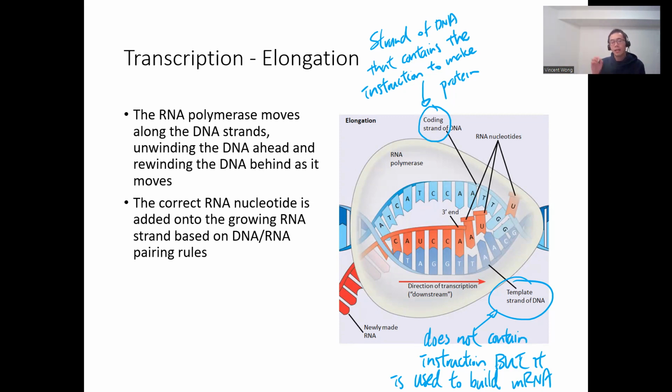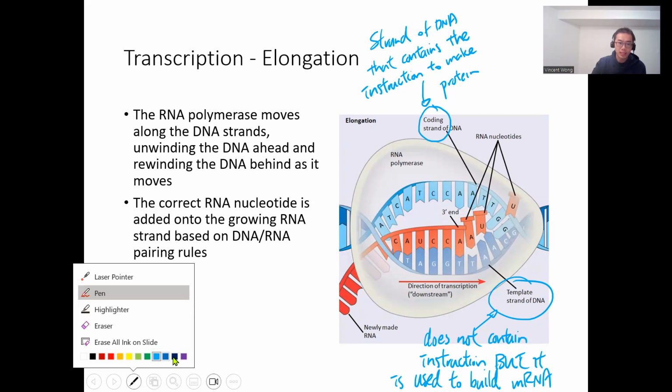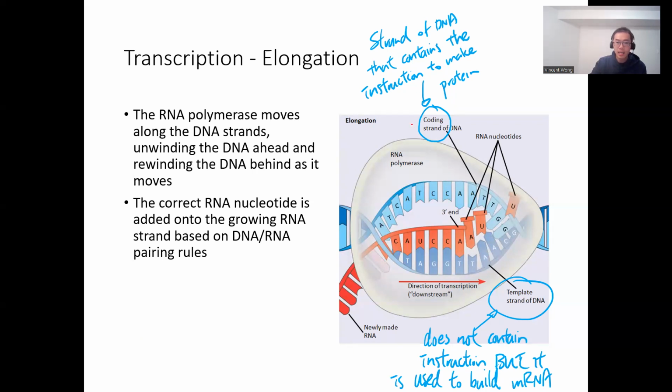Okay? So, to summarize, the coding strand is the one that has the instruction to make the protein, which means I want my RNA to have the same information as the coding strand. However, I cannot use the coding strand to make a copy of the coding strand. If I did that, the outcome would be backwards, right? Because of how the enzyme works.